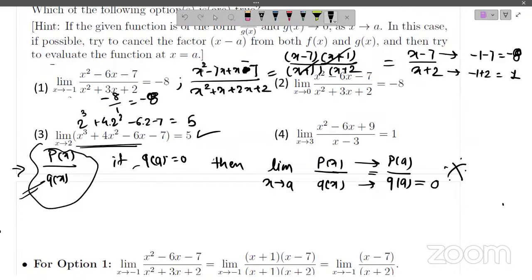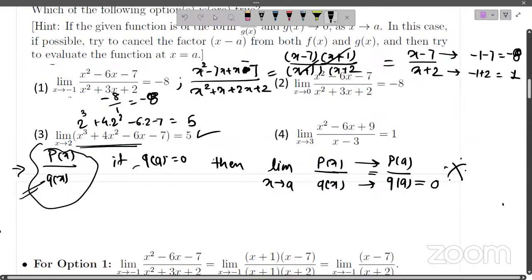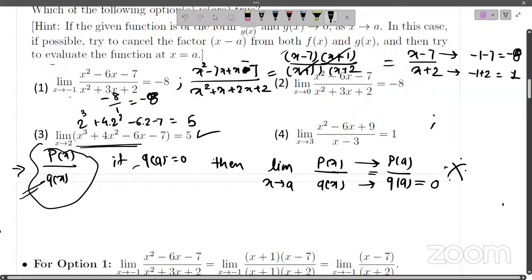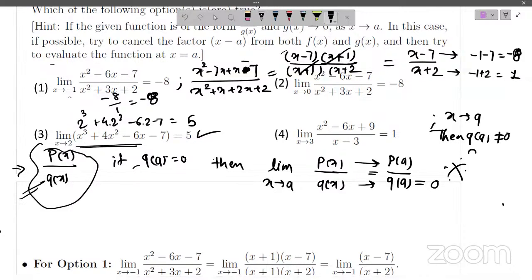But whenever you get something like p(x) by q(x), first observe that if x goes to a, then q(a) should not be equal to 0. If q(a) is equal to 0, then you should try to factor out x minus a from both the numerator and denominator, and try to cancel it out.